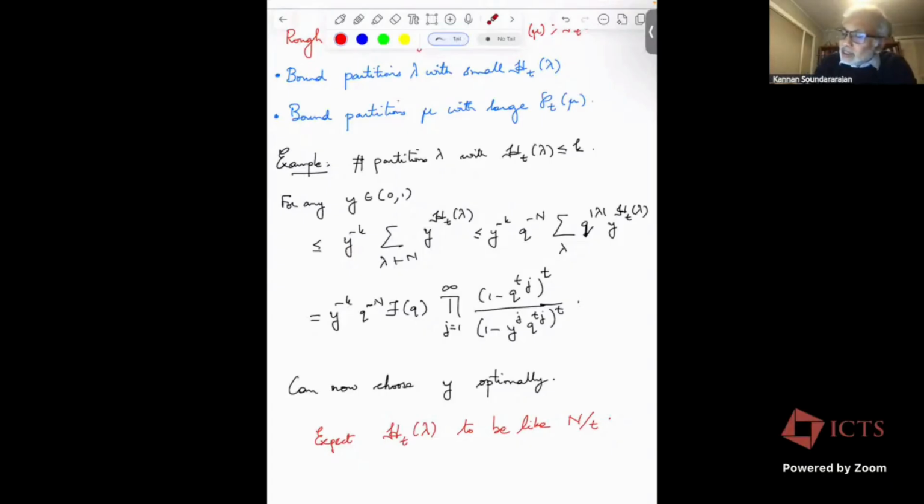But if h_t is bigger than k, it's still some positive number, so you still get an upper bound. And that in turn is bounded by an upper bound with a q to the minus n, summing over all partitions of n and letting n vary from 0 to infinity as well. And by Hahn's formula, I know what this object is, and I can write down an expansion for this.